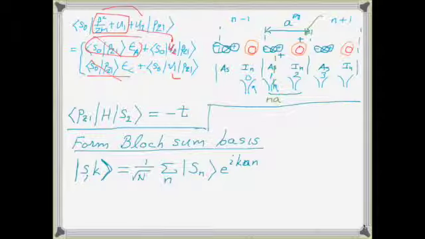In other words, we put the beginning of each unit cell right on the anion. We're going to assume they're equally spaced. The position of the cation is going to be Na plus A over 2, shifted by half a lattice constant. And just assume they're all equally spaced.